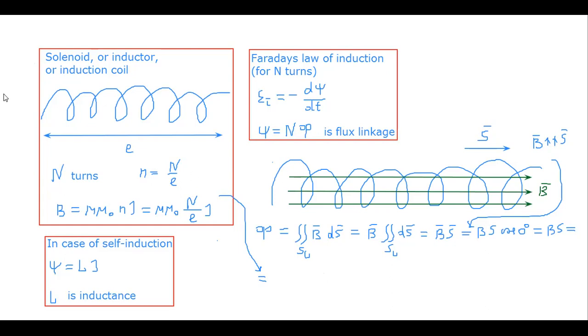It is necessary to remove the vector above B, because this is the modulus of vector B. So we have mu 0 n divided by L, S, electric current I.